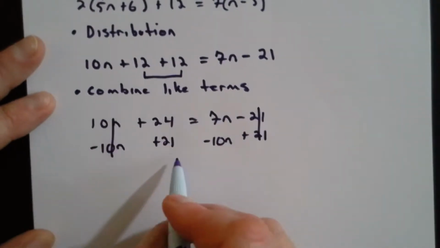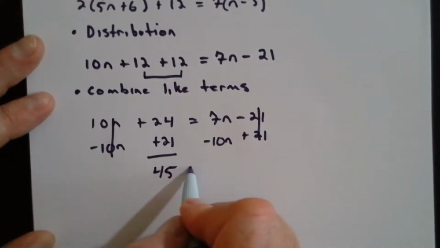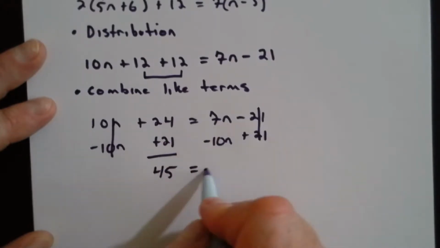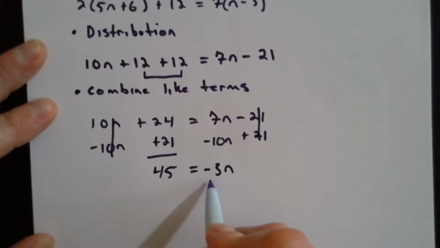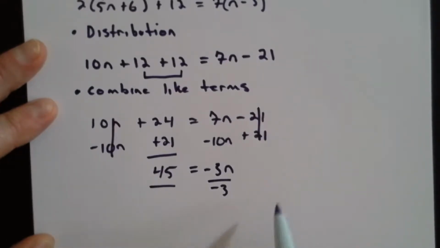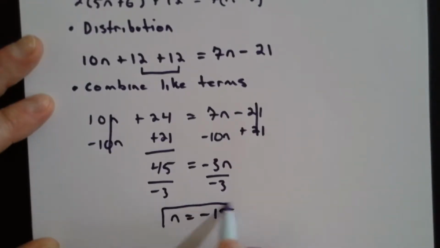And so 24 plus 21 is going to give us 45, and that's going to be equal to 7n minus 10n is minus 3n. And so we're going to subtract negative 3 from both sides, or divide by negative 3. And this will be n is equal to negative 15.